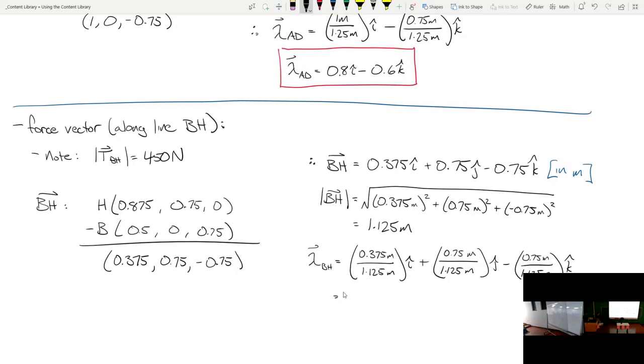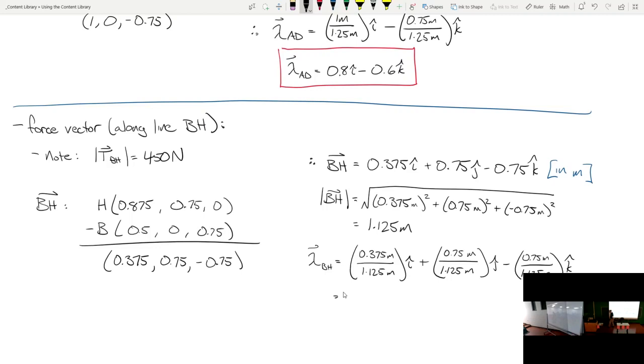Okay, so what are we going to get for this first term? Whatever we get for this first term, these two are double that. So it actually comes out to a nice even fraction, or somewhat even fraction. 1/3. So this is 1/3, this is 2/3, and that's 2/3.